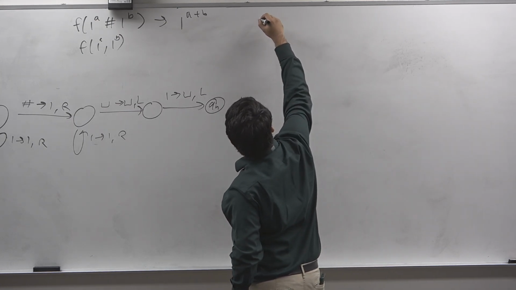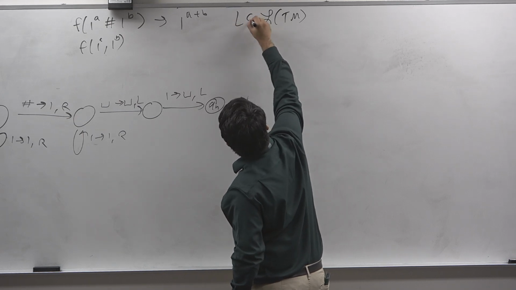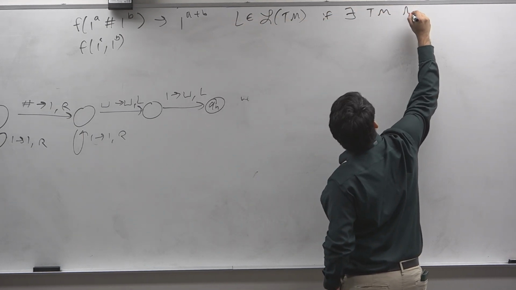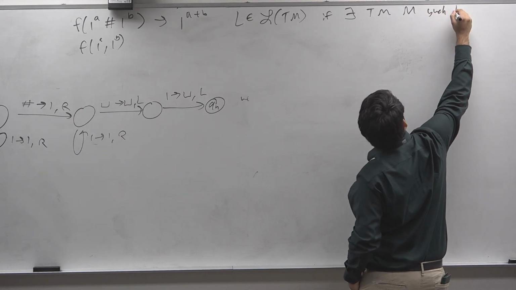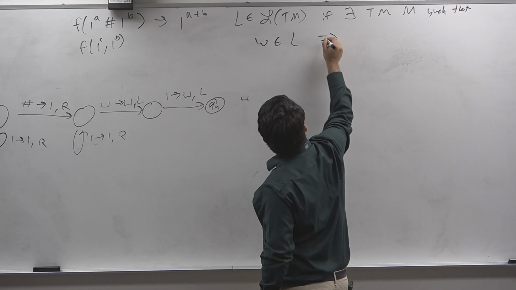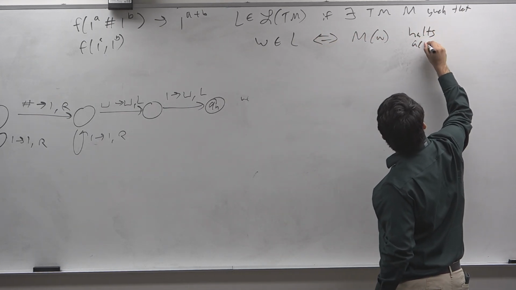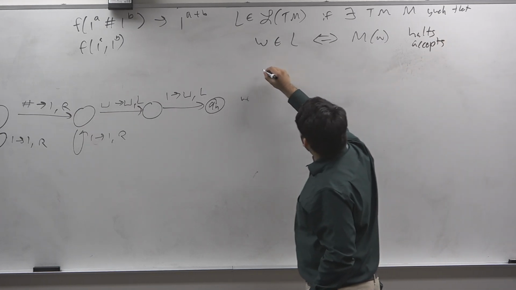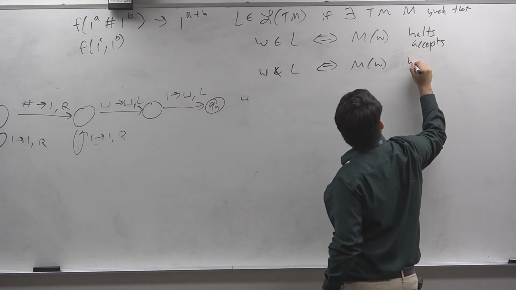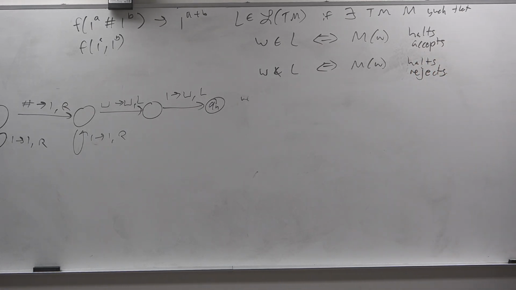So we say L is in the class L_TM if there exists a Turing machine M such that W is in L if and only if M on W halts and accepts, and W is not in L if and only if M on W halts and rejects. So these are the decidable languages.